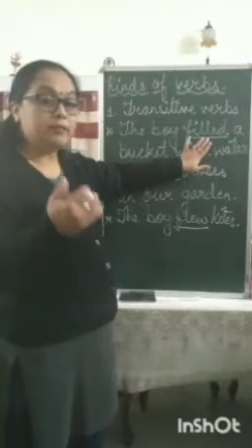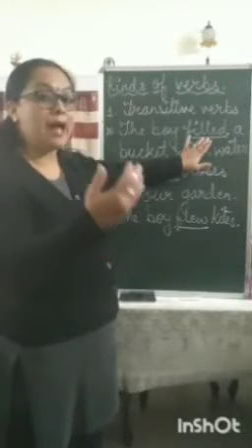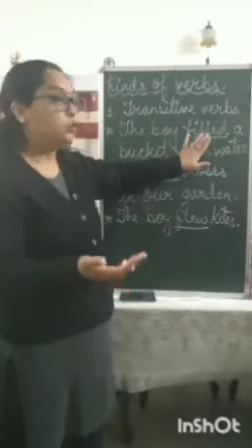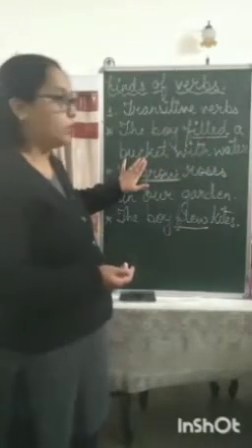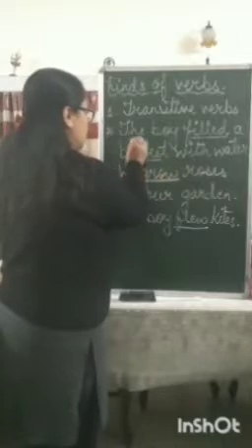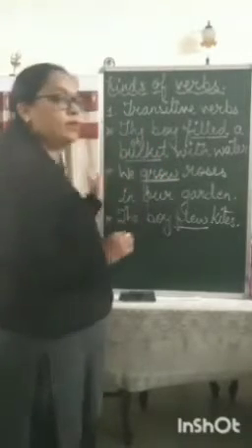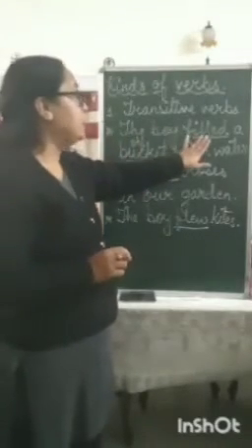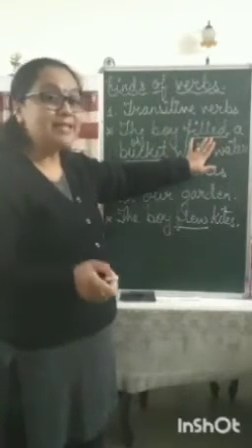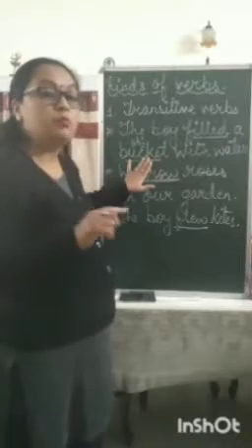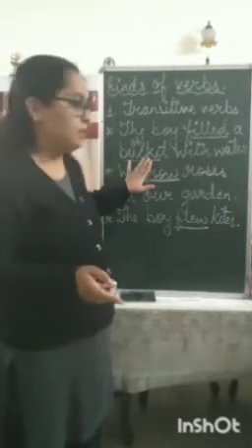In order to make a complete sentence, we have to add an object to this word. And that object is a bucket. So here filled is a transitive verb. Why? Because this verb needs an object to make complete sense.